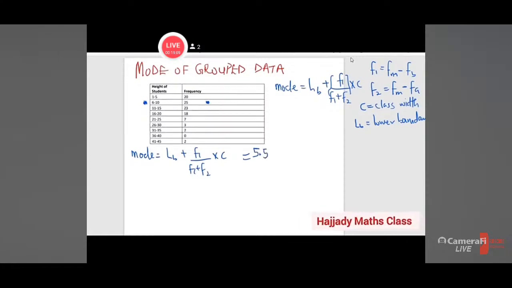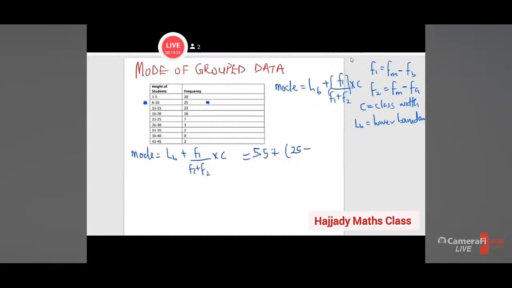In my previous video for the median, I decided to use the lower limit directly because you can also do that. But in this case, I'm going to use the lower boundary by subtracting 0.5 from the lower limit, plus F1. Our F1, don't forget, is the frequency of the modal class minus the frequency before it. And the frequency of our modal class here is 25. So let me put that in bracket for easy computation.